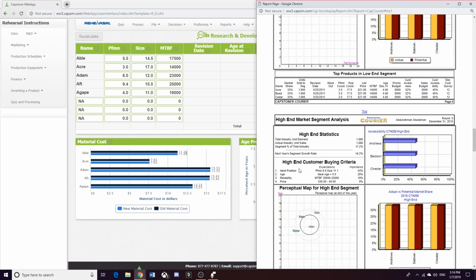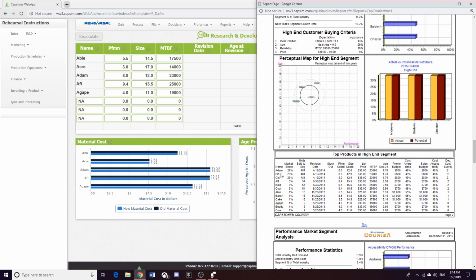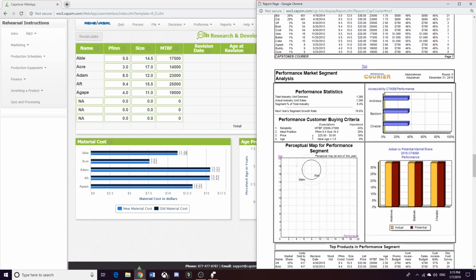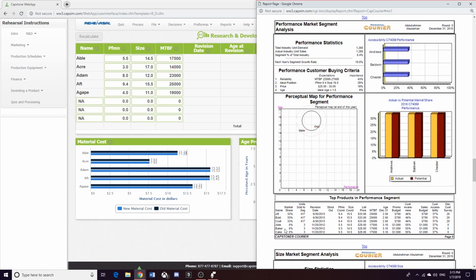It's not in the low end. Able is not in the high end. Well, it is in the high end, but it only has 1%. So that means that it's taking a little bit from the high end, but that's not going to happen in the next round, because the segments are going to shift away from each other. And then performance, Able is here, but it has 0%. It only sold 3 units in the performance segment.